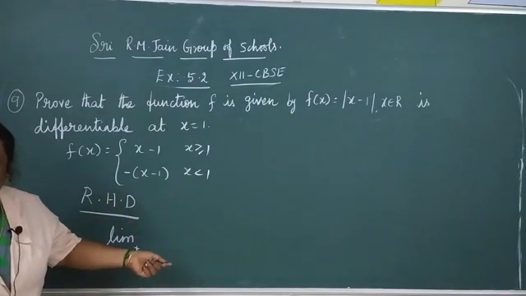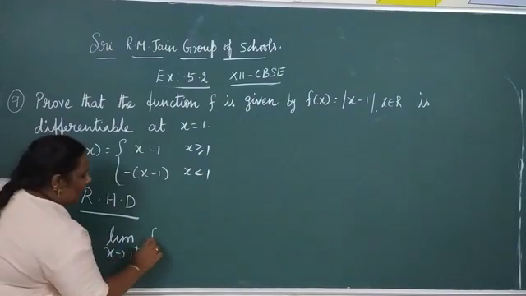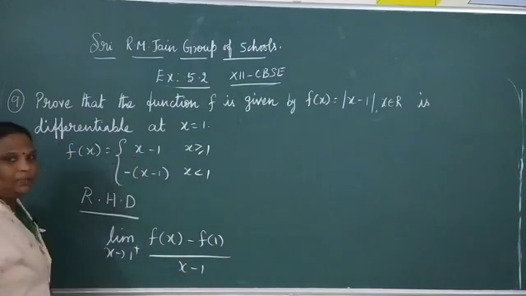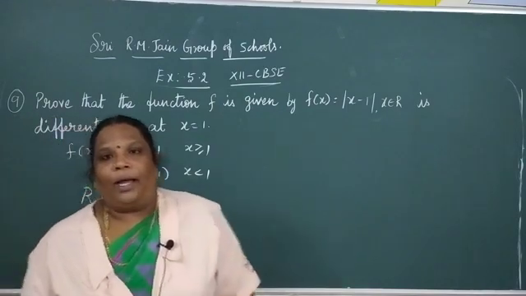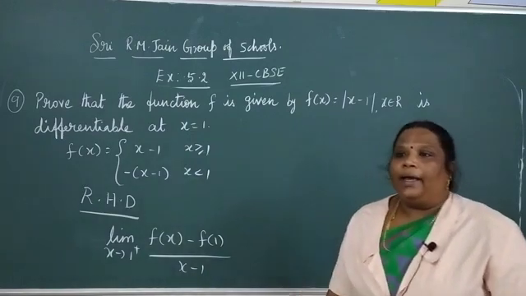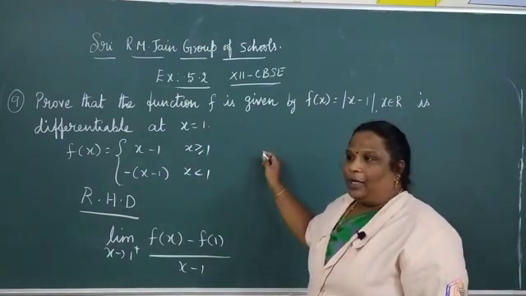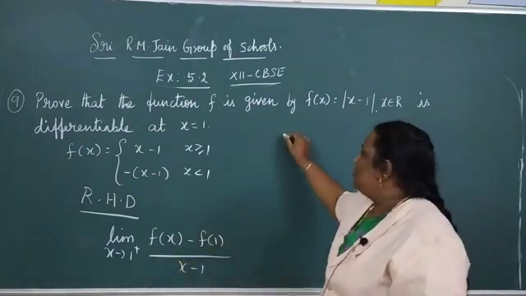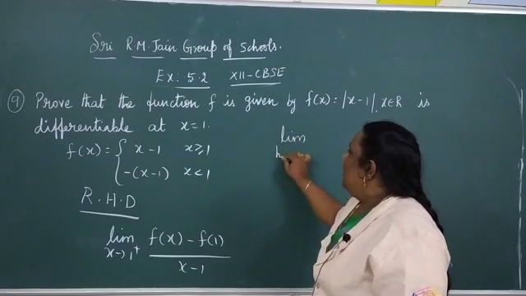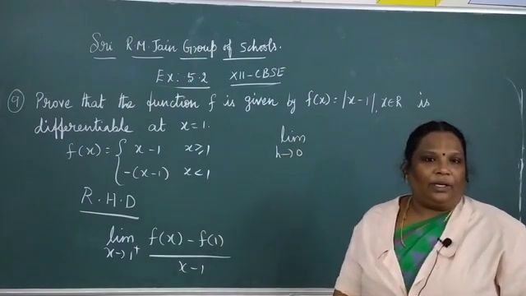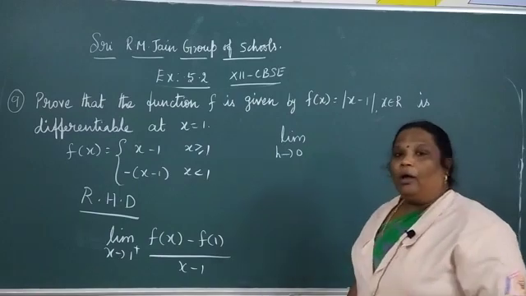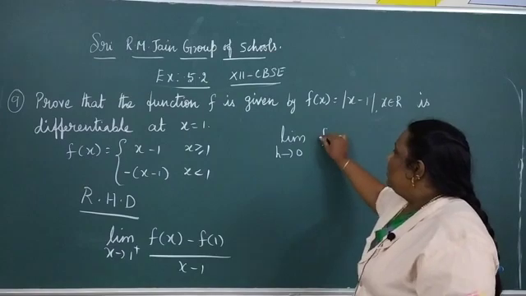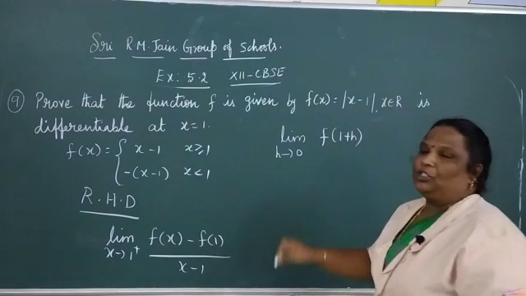For the left hand side, 1 minus, we have f of x minus f of 1 by x minus 1. Here, f of x minus f of 1 by x minus 1. I can change x into 1 plus h, with limit h tends to 0. What we wrote in the left hand limit as f of 1 minus h, here we write f of 1 plus h.